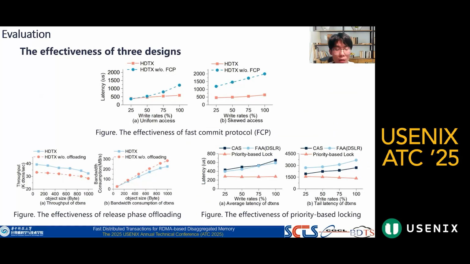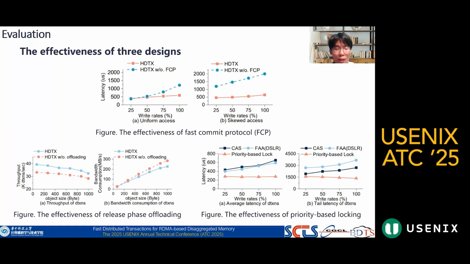Besides the macro benchmark, we also develop micro benchmarks to evaluate the effectiveness of our 3 individual technologies. Experimental results demonstrate that our 3 designs can achieve good performance gains.